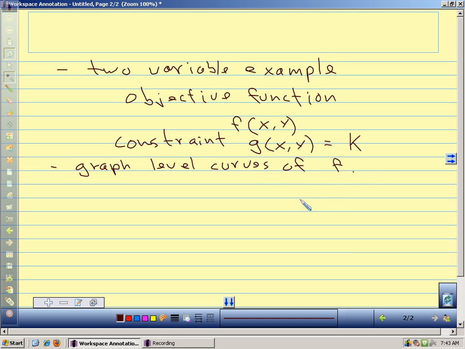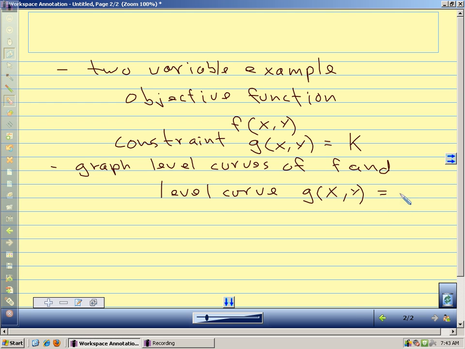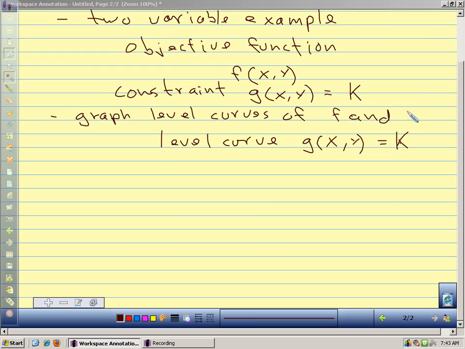We're going to put those on the same graph. This is a little bit of a hand-waving argument, but it shows why the method is going to work.